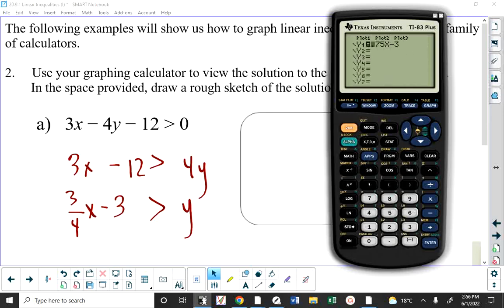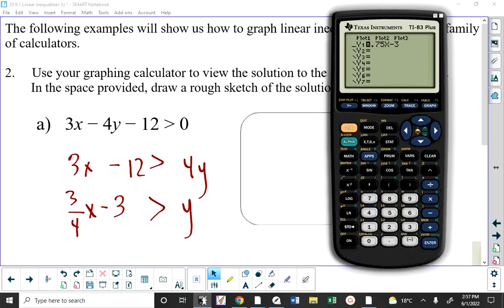So go back to your y equals and scroll to the left of your y. And you'll see that your little cursor is blinking away there and it's showing a line. If I hit enter, the line is thick. Draw a thick line. If I go back there and hit enter again, it has this triangle.